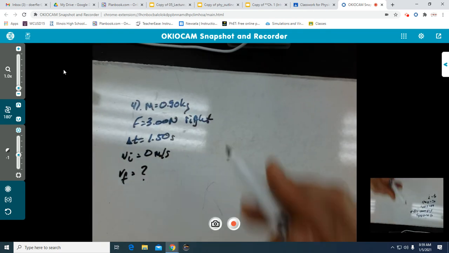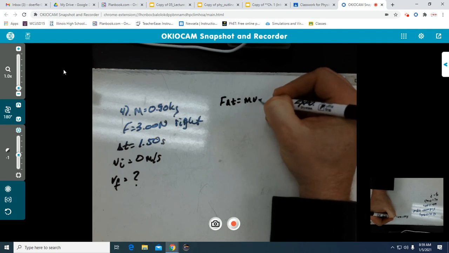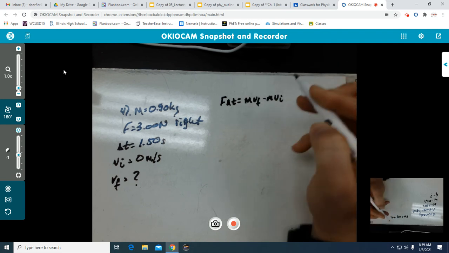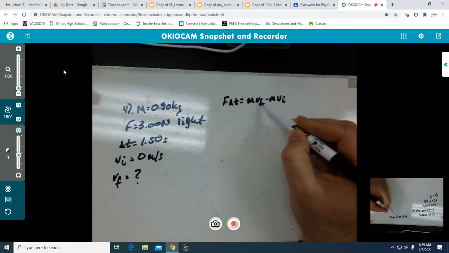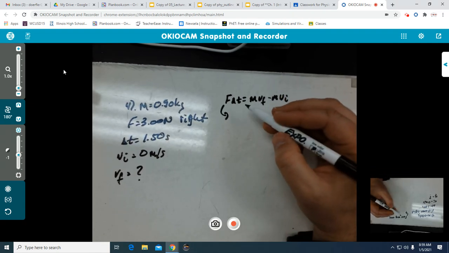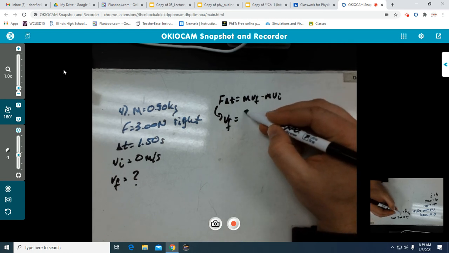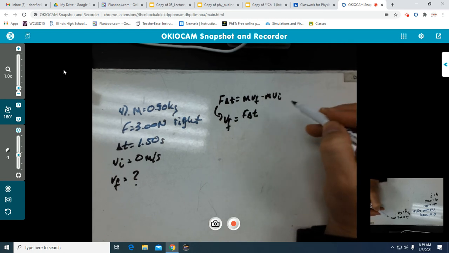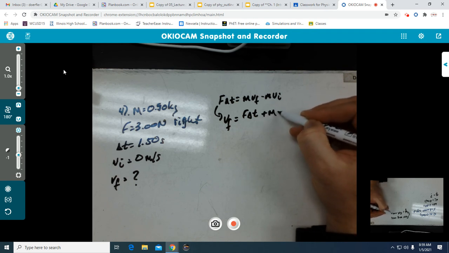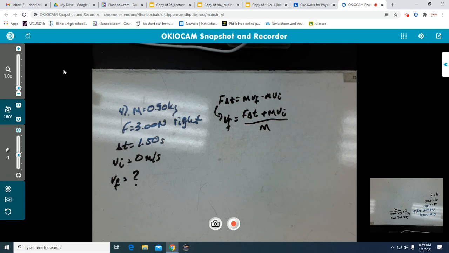Okay? So again, taking F delta T equals mvf minus mvi, we need to solve for vf. So when you rearrange this, you're going to get the following setup. Vf is equal to F delta T plus mvi, over m.